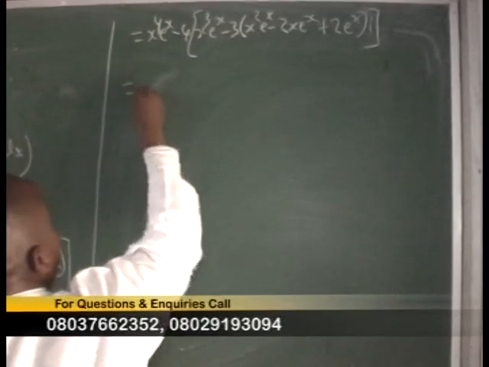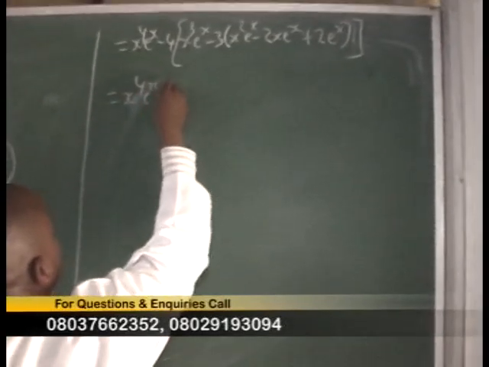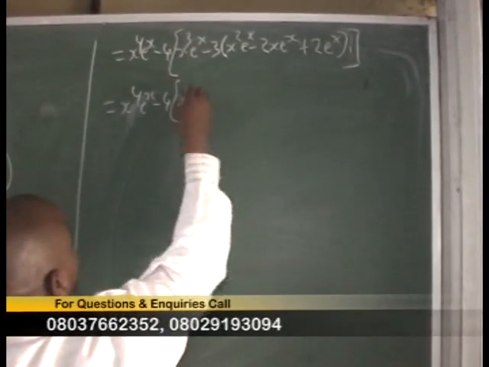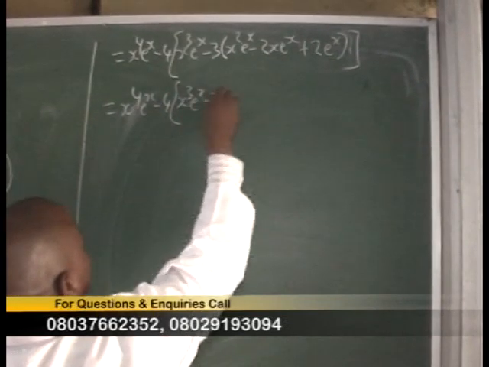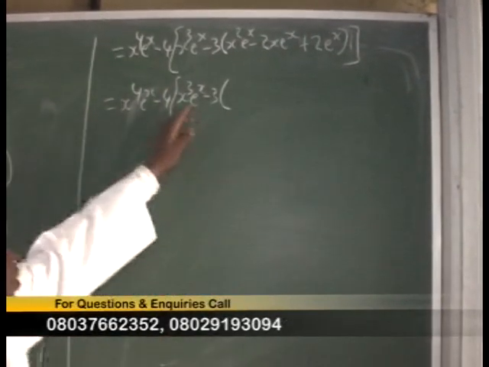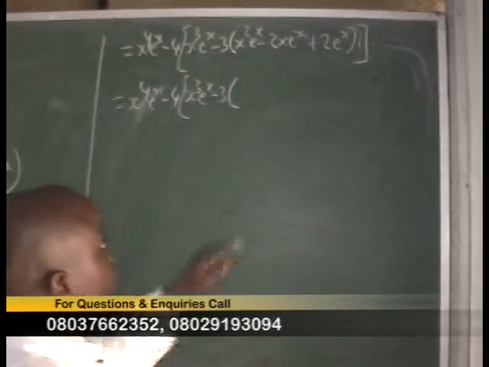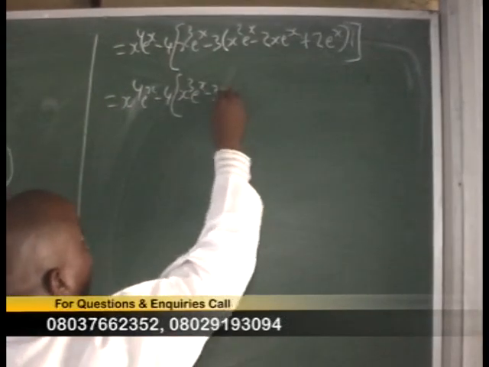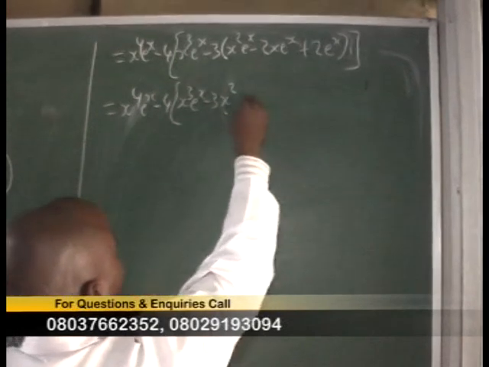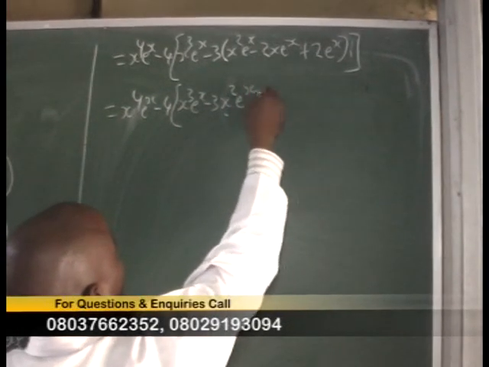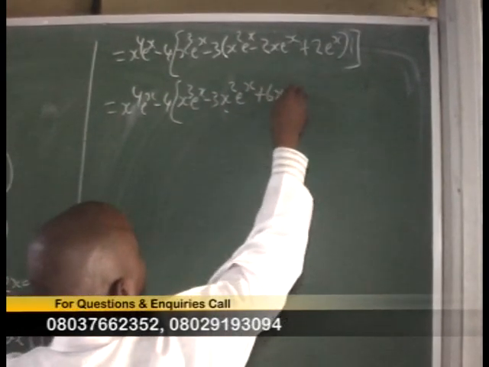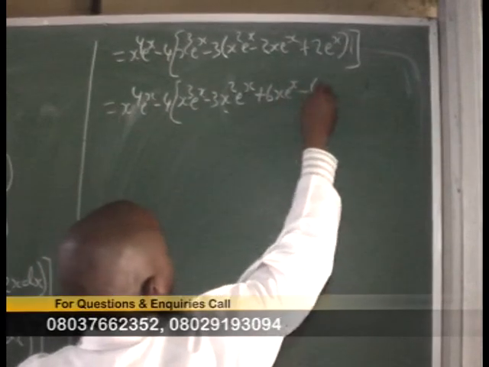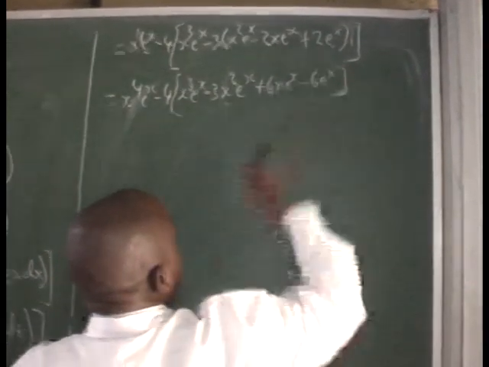Then I will go again. x raised to the power 4 exponential x minus 4, x cubed exponential x minus 3. Then I will use the 3 to open this bracket to have minus 3x squared exponential x, yes, minus 3x squared exponential x. Then I have plus 6x exponential x minus 6 exponential x.